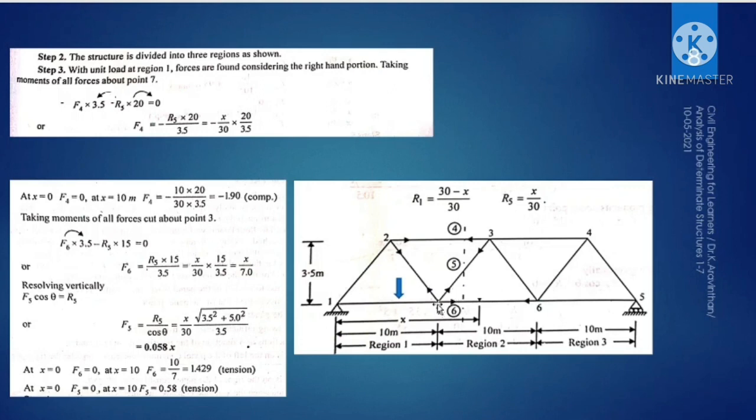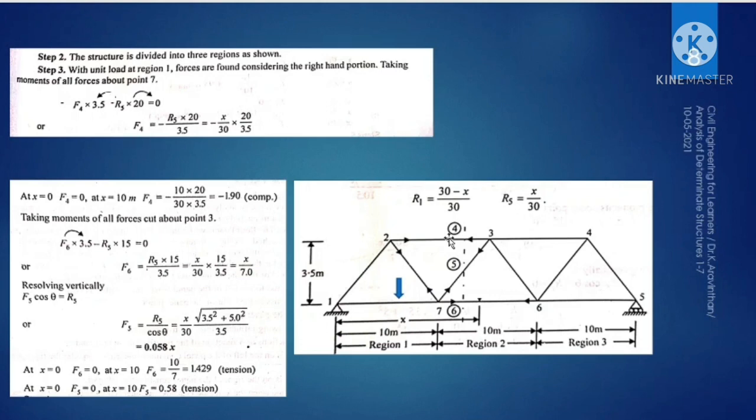At the joint 7, substitute x equal to 10. If you substitute 10 here, you will get minus 1.9 influence line units. So if a load is at point 7, member 4 carries a compressive load.